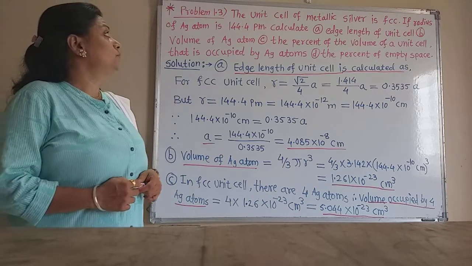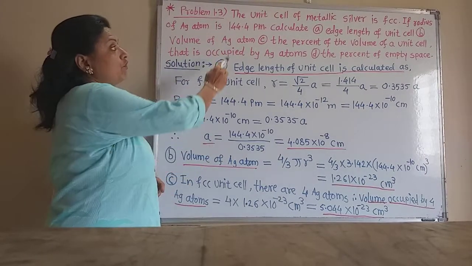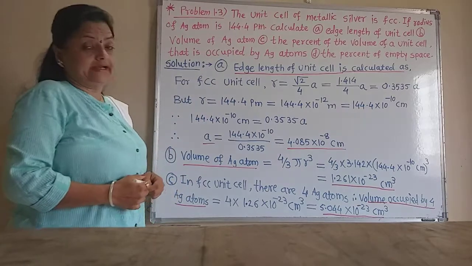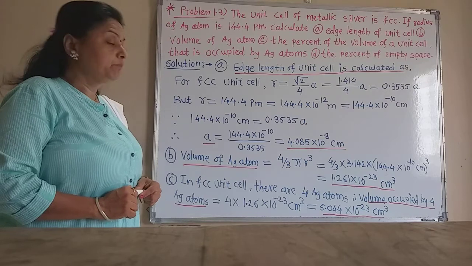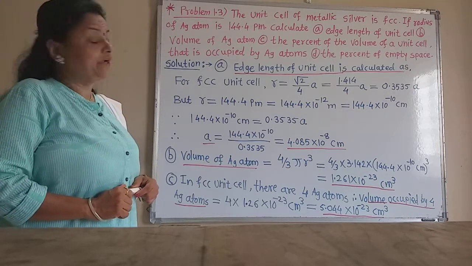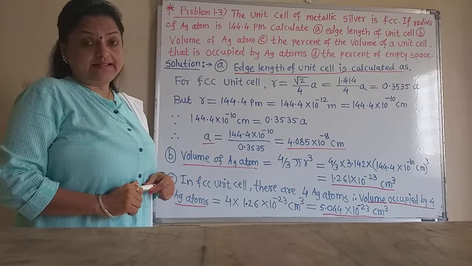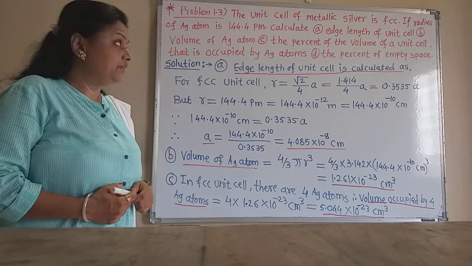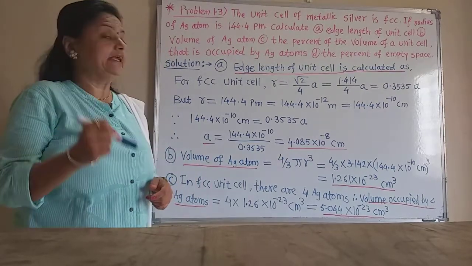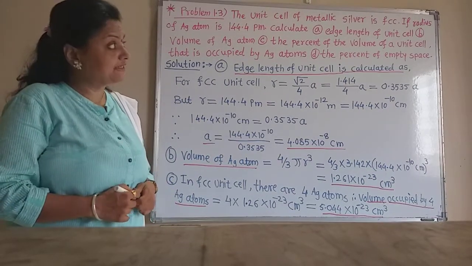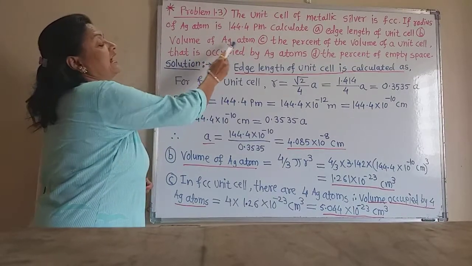If the radius of the silver atom is 144.4 picometer, we have to calculate the edge length of the unit cell, that is a, because we always represent the edge length by the small a.